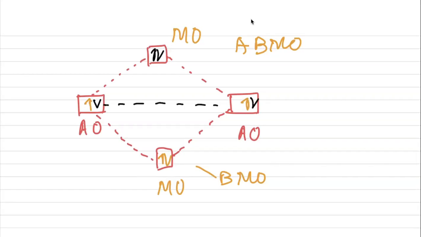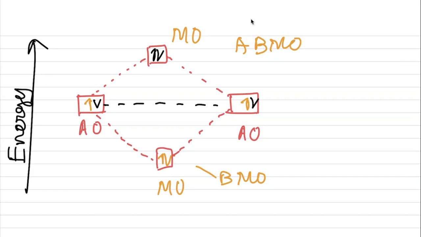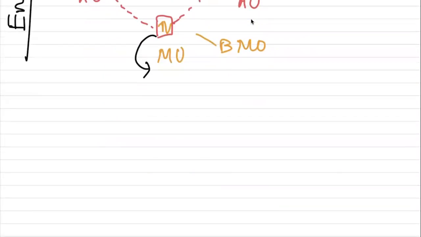This is the energy gap and energy is increasing like this, so the bonding one has less energy and the anti-bonding one has high energy. Clear?